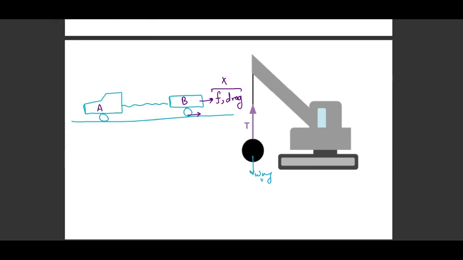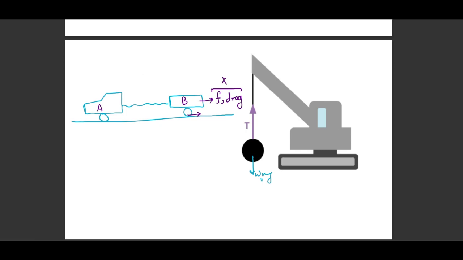Now, how does this object A know that there is a load connected at the backwards side, right? Most definitely this object A is going to experience a backward pull because of the friction components of trolley B. Now how does object B tell object A that there is going to be some resistance?